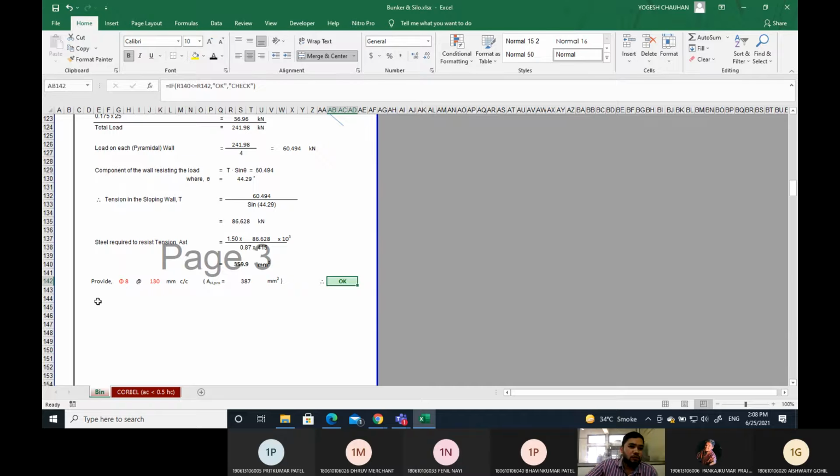Now the sloping slab should also be designed for the normal load, which will cause bending in the walls. So let us design the hopper bottom as a slab between corners.